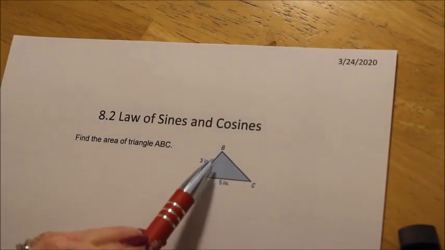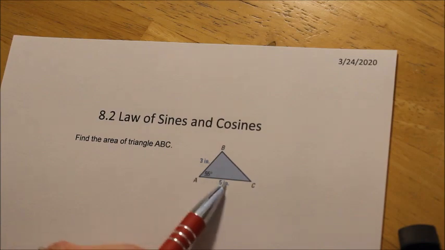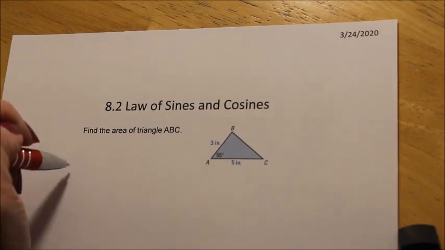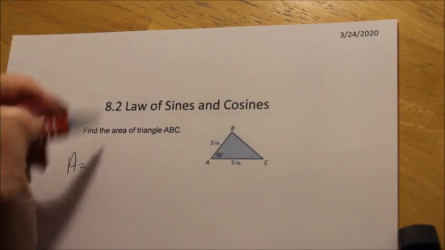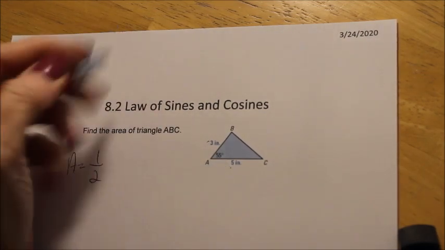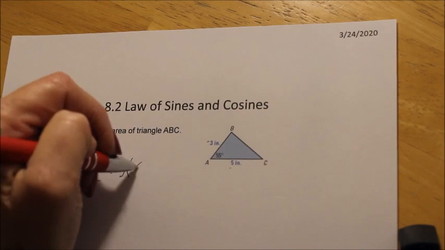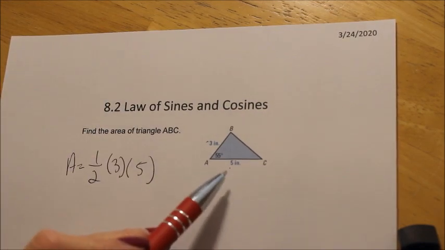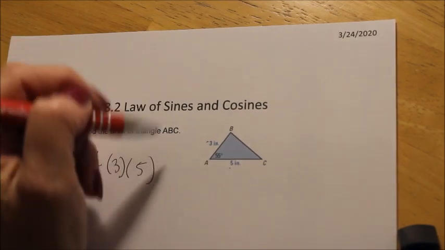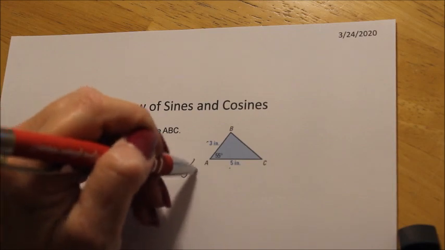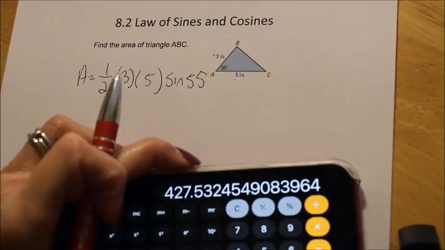So here, you're just going to take the two sides you know, so side, angle, side. So area is going to equal 1/2 of 3 times 5, excuse me, which is 15, and then you're going to take the sine of 55. And you just multiply that out.